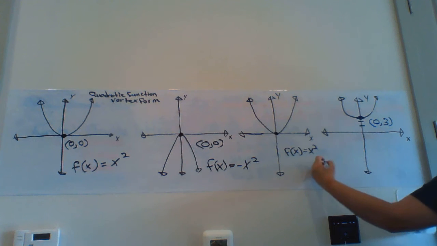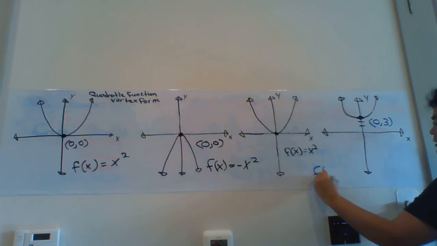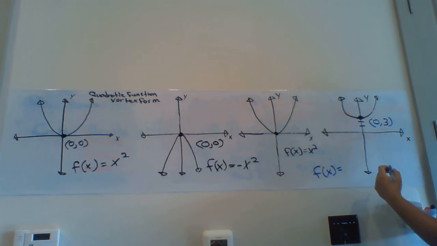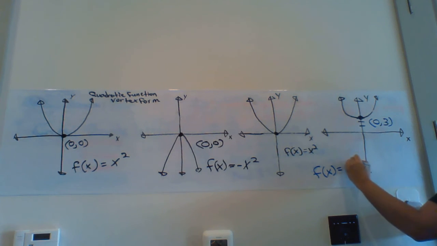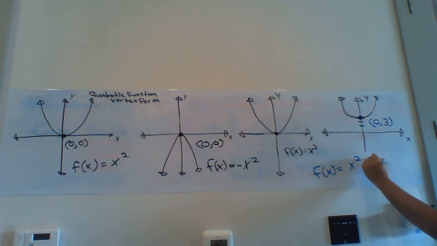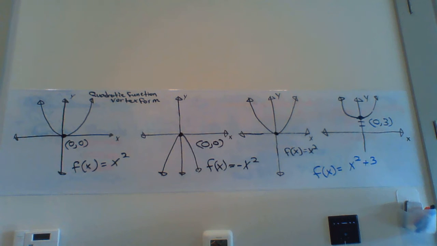So, how do I write that? Well, I've got f of x. Now, I've got my x squared still. But when I move it up 3, all I have to do is add 3. So x squared plus 3.